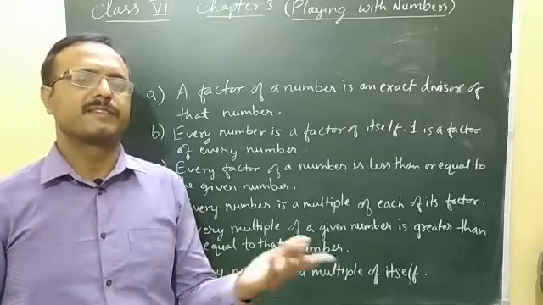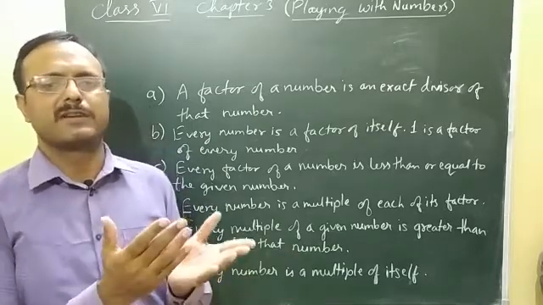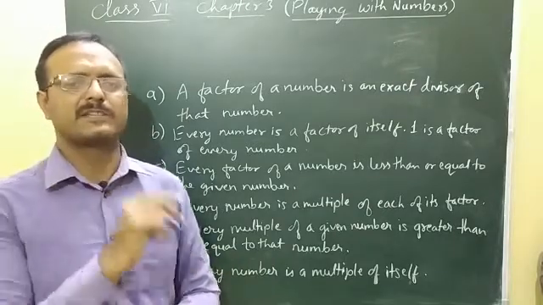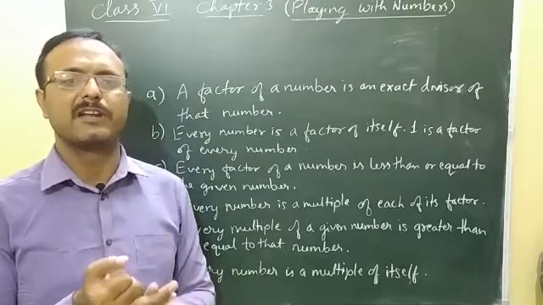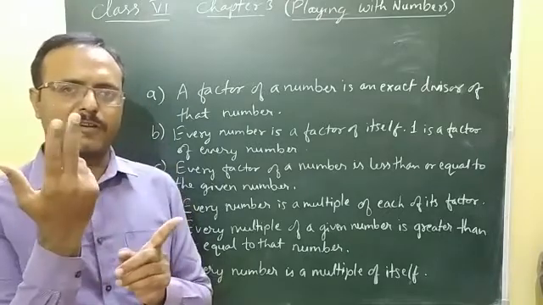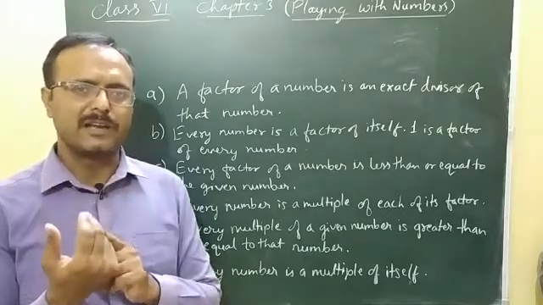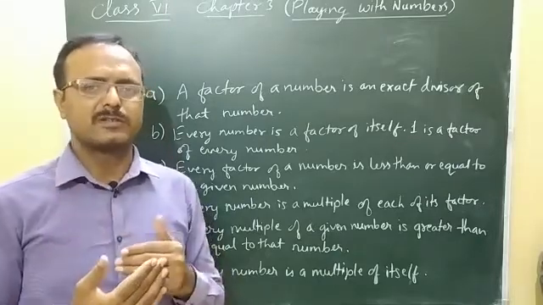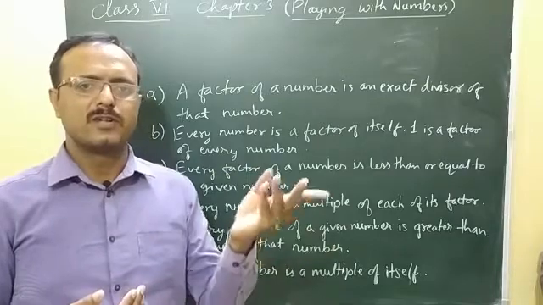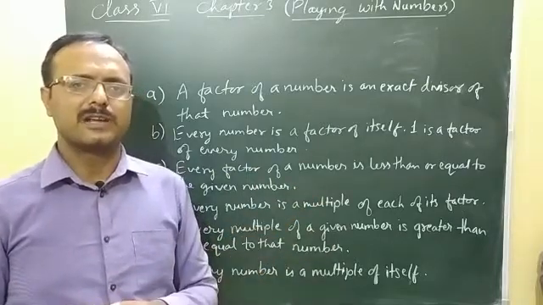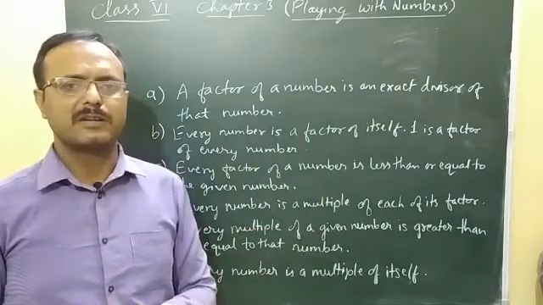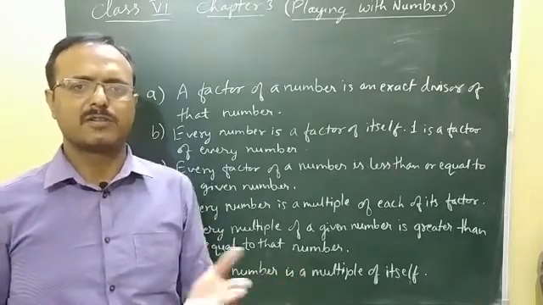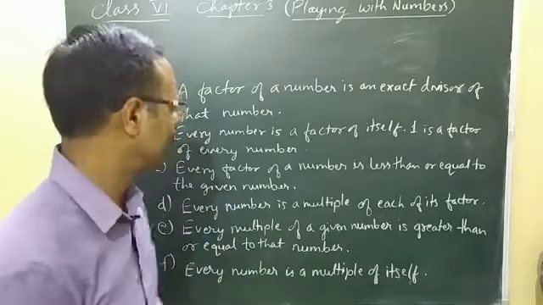If we take a number 20, then there will always be the factors 20 and 1. There will be other factors also, such as 2, 5, 4. These are also factors of 20, but the number itself, 20, and 1 will always be factors of the given number.